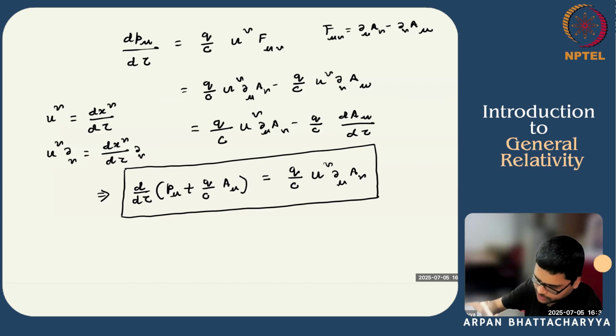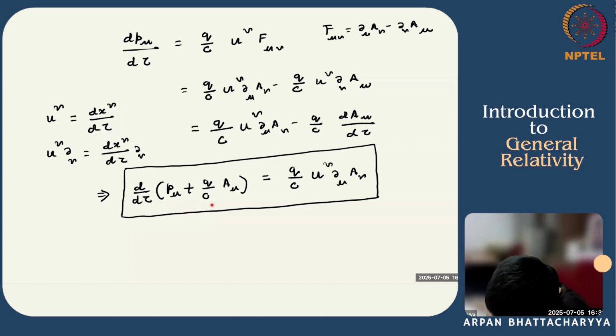This is what you would have expected. But now the fact that this equation has to respect the gauge symmetry, this side is not just the rate of change of kinematical momentum p mu of the point particle. Rather, this side is the rate of change of this entire thing. Our contribution is coming from the gauge field itself.